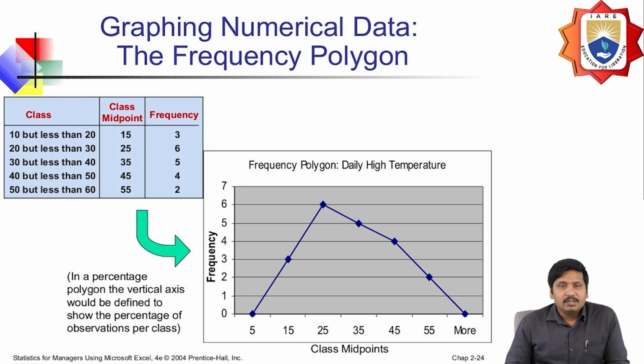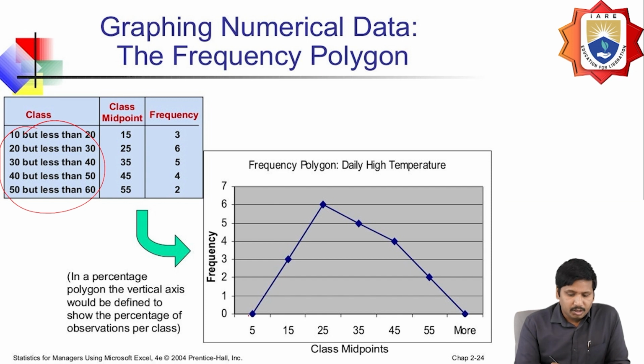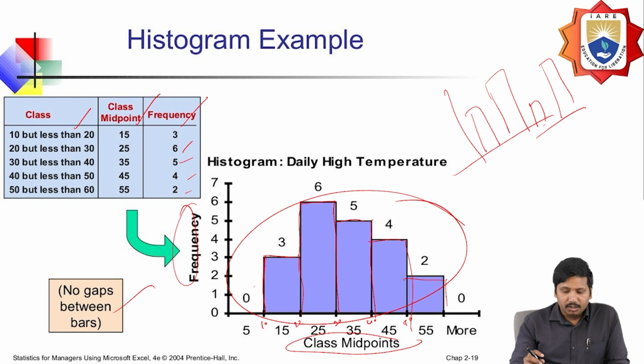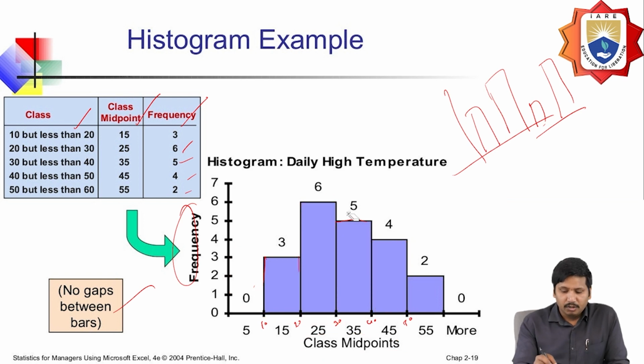And the frequency polygon. In this frequency polygon, this is the data we have, and this is how the frequency polygon is obtained. In between the values 0 and 15, this is the histogram we initially have.